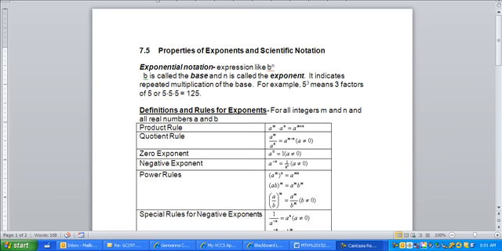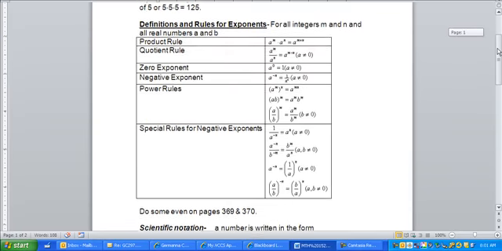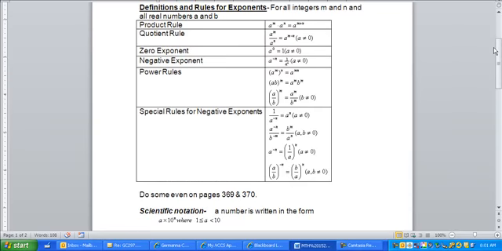So we have several rules of exponents, and the product rule is that we add the exponents. If we have, for example, x squared times x cubed, we think about what x squared means.